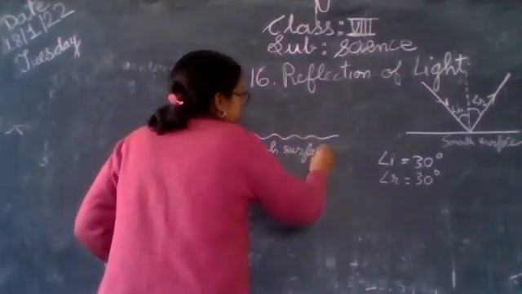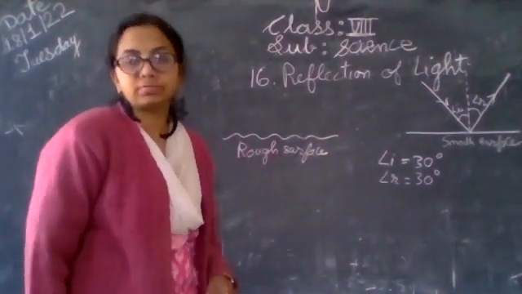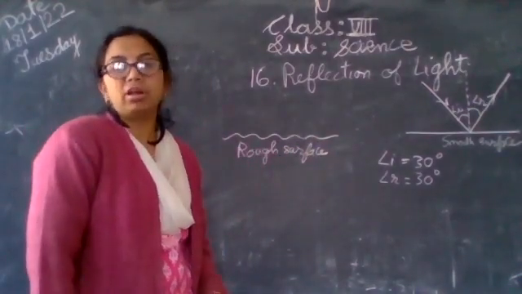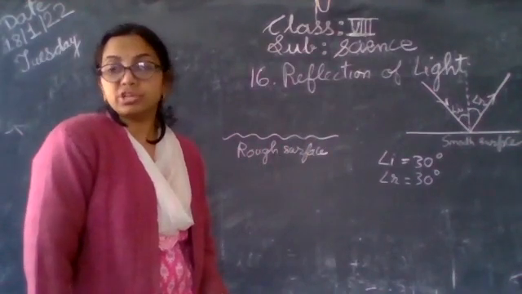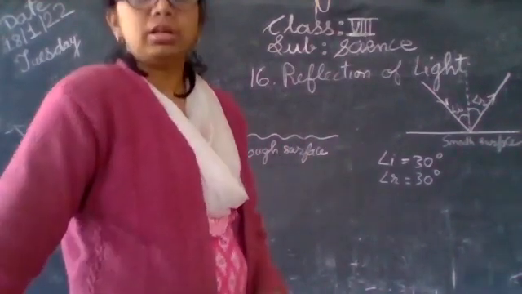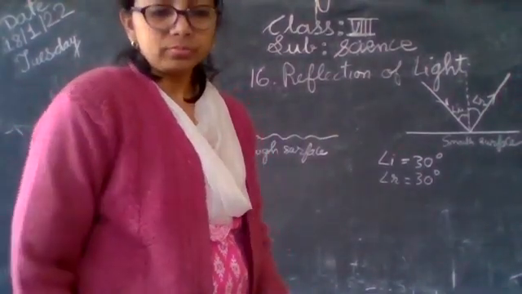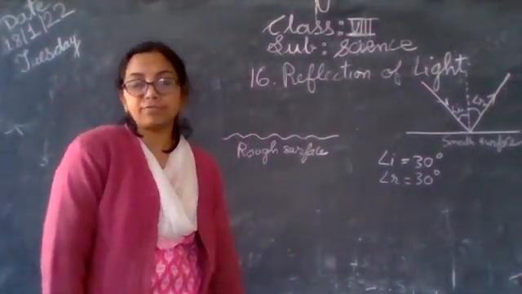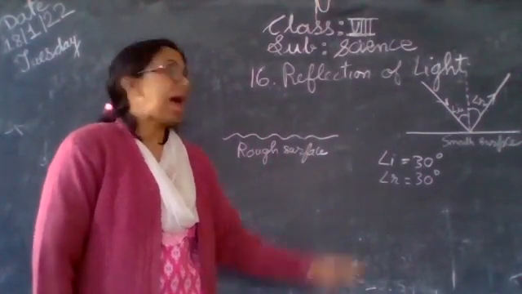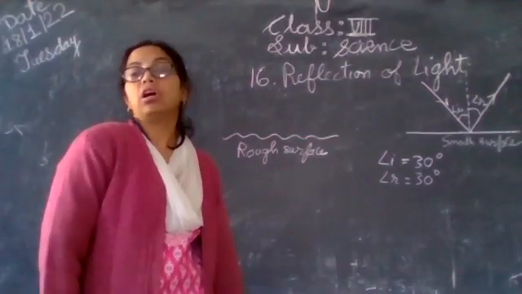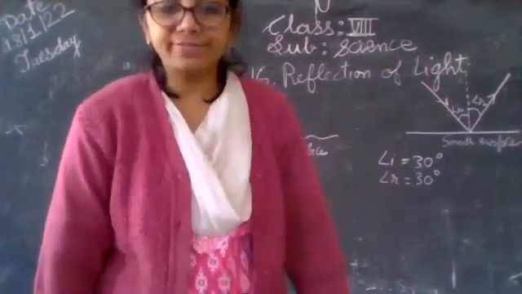surface, just like our roads on which we travel with our bicycle and other vehicles. In such cases, you see, in irregular surfaces, reflection of light will not be as it was on a smooth surface.